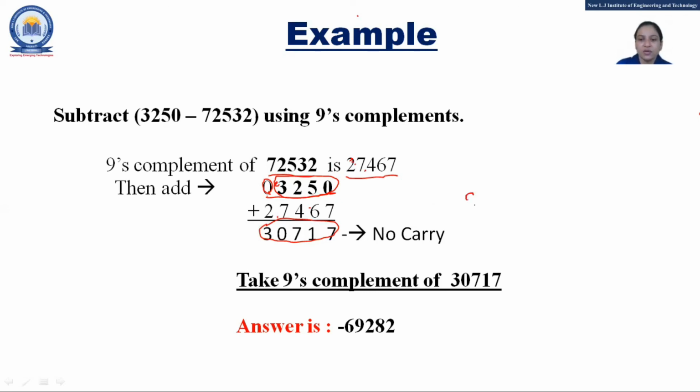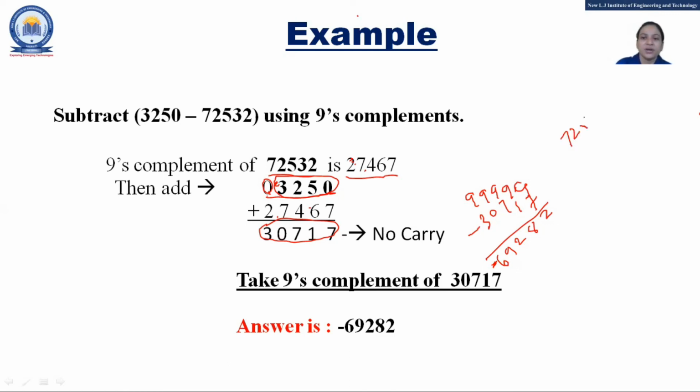Now we subtract from 9 to get the 9's complement. That is 30717, the number is 28296, and we have to place a negative sign here. So it shows that the bigger number is being subtracted from the smaller one.